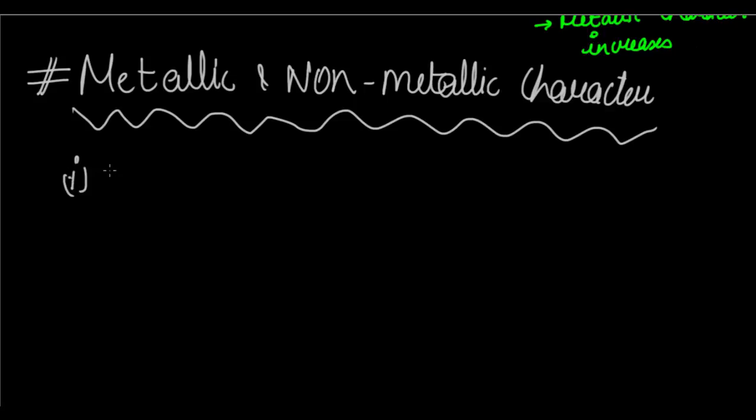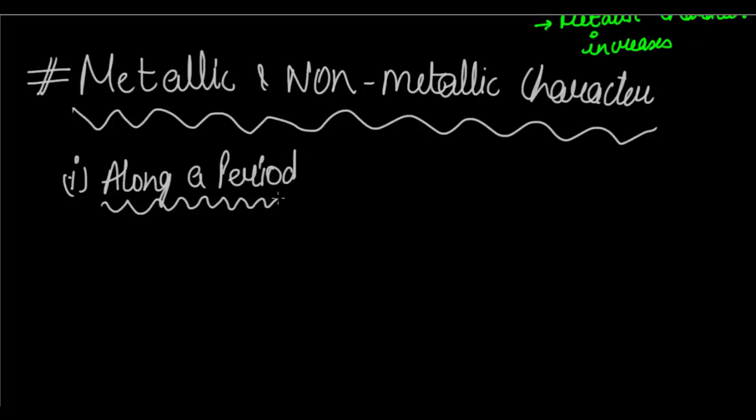First is a period. Now, as I have discussed above so many times, I have written this down, and now I think you should understand how it happens too. If you still have doubts, please let me know in the comment section, but I'm just going to write it out directly. Along a period, your metallic character decreases.